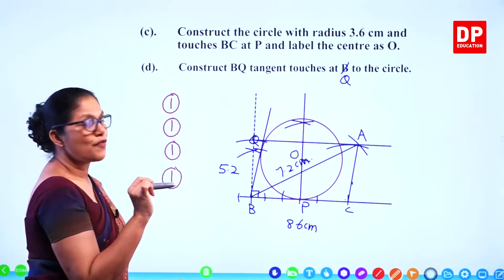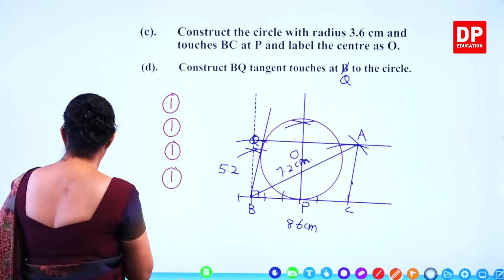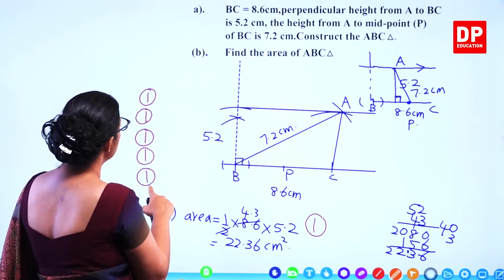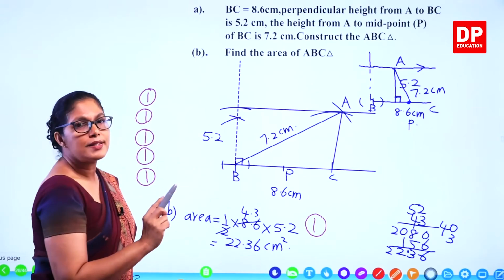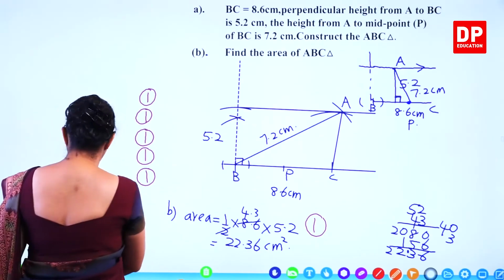So 4 marks for that one. So we gave 4 and 2, 3, 4, 5, 5. That's 9 plus 1, 10 marks for the whole question.